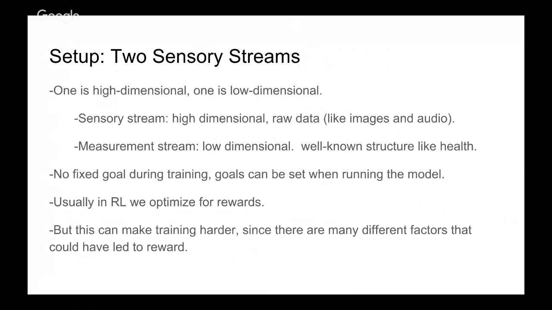Yeah, so I think that you can just say that your measurement stream is just the reward. So it has that as a special case, but it's more general than that. It can perform better if you have more measurements in the stream. Does that make sense? Yeah, that makes sense.